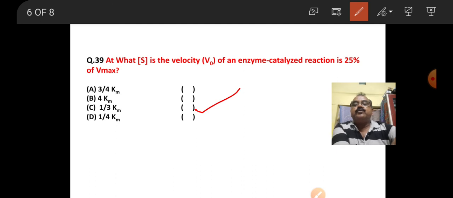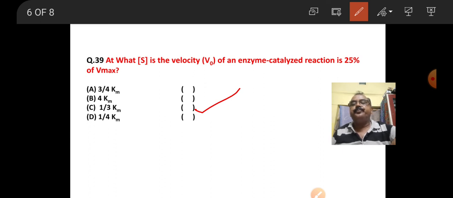Friends, according to the Michaelis-Menten equation, V0 equals Vmax into substrate concentration divided by Km plus substrate concentration, where Km is the Michaelis-Menten constant. According to the question, V0 is 25% of Vmax, that is 1/4 of the Vmax.